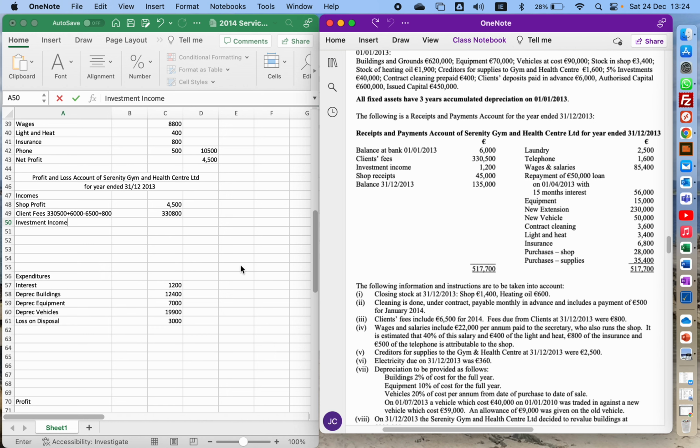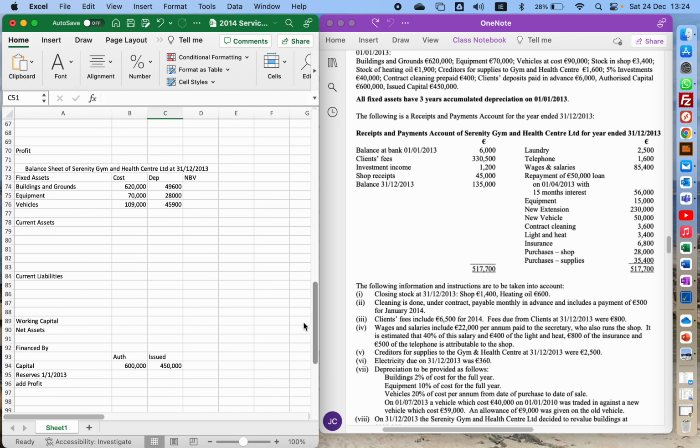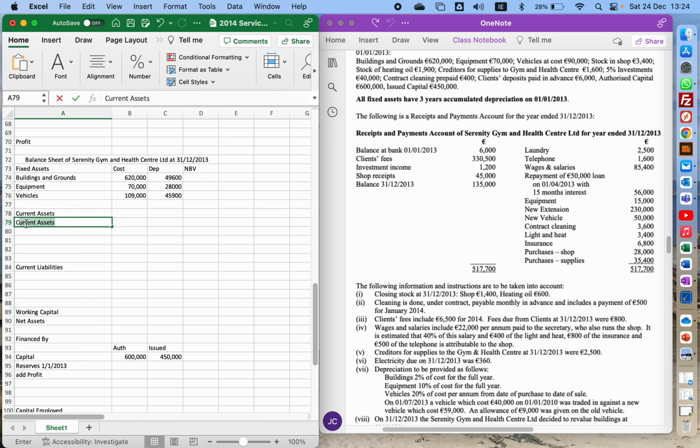No, it's assumed that the investments are for a full year. So the income should have been 40 grand times 5%, which is 2,000. The fact that we only received 1,200 means there must be investment income due at the end. So I'm going to put that in as a current asset. So that's 800 because 1,200 was what came in.